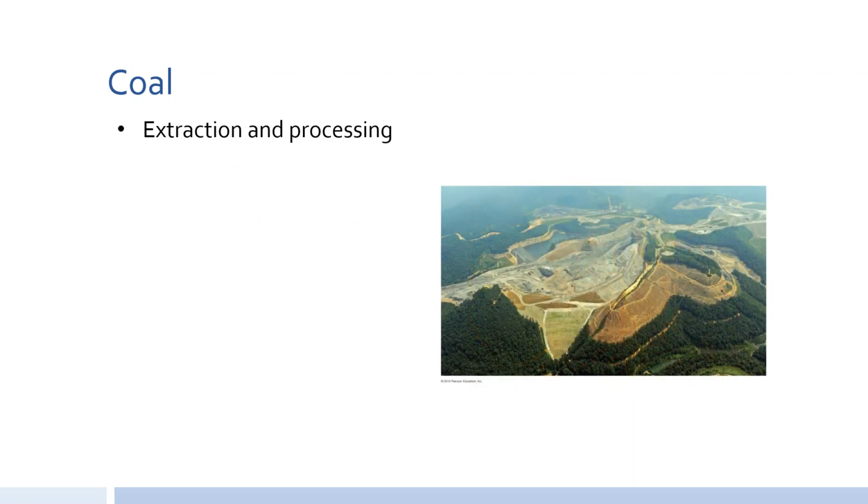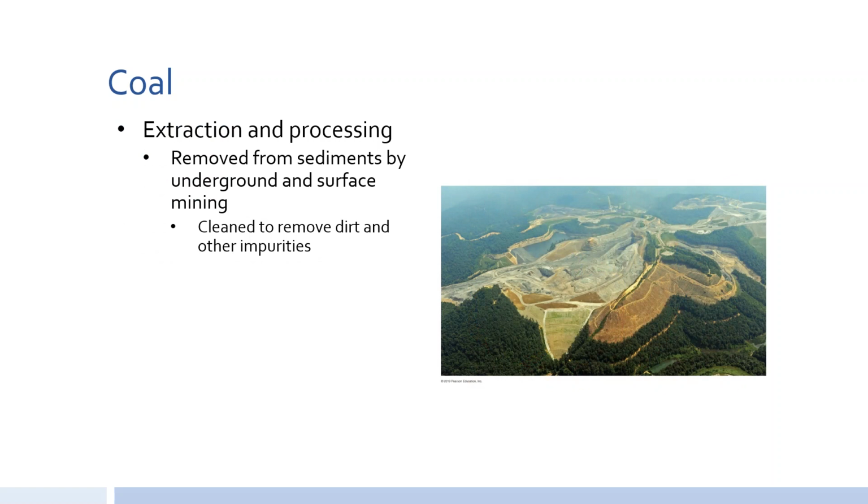When you extract and process coal, you remove the sediments from underground by underground and surface mining. So there is that kind of traditional mining that we think of, where somebody is going into a mine, which is very dangerous, and removing that.